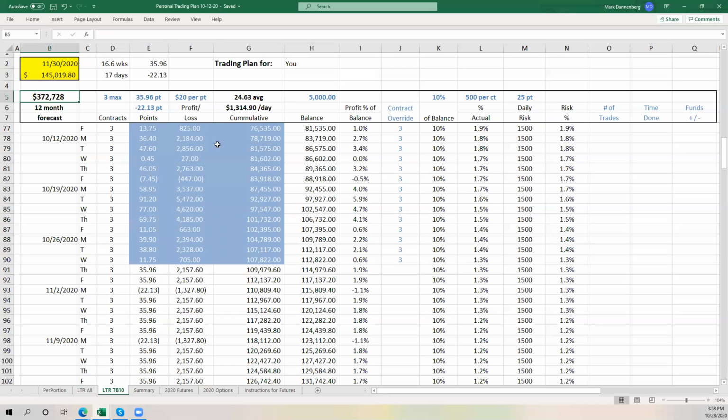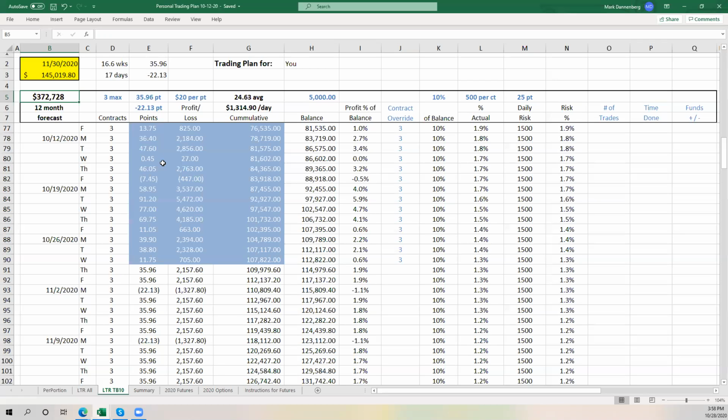So if all of a sudden I've traded for an hour and a half, 2 hours, 2.5 hours, and I'm up 40 points, well, I've already met my goal for the day. And if I really want to invest some time in learning, I might shift off of a live trading dome, the futures trading dome, and shift into a sim trading dome so that I can continue to trade, but I'm not putting real money out there. And it just helps me continue to learn and evolve my understanding of how to trade the markets.